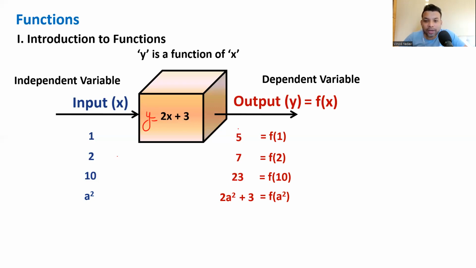You can write 5 as f of 1. That is the value of f of x when x was 1. 7 is f of 2, the value of f of x when x was 2, and so on. So I hope you got comfortable with these notations now. Okay, cool. Sure. Let's go ahead.